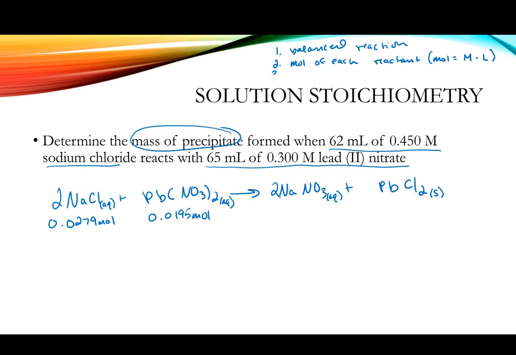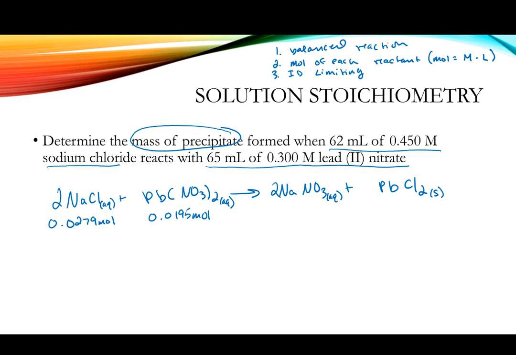Third thing you need to do is identify your limiting reactant, and you can do that however you did it before, whichever method you preferred. Ideally, at this point, you would understand enough about mole ratios to look at this and say, based on my balanced reaction, for every 1 lead nitrate, I need 2 sodium chlorides.